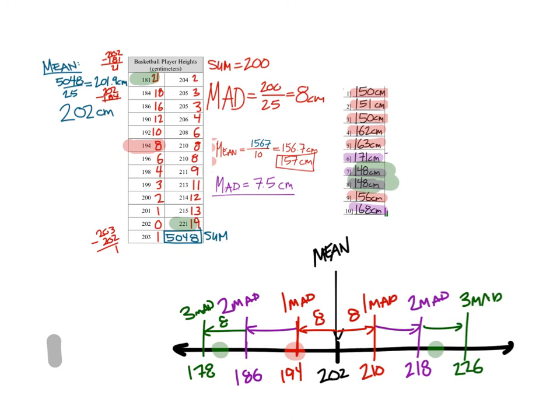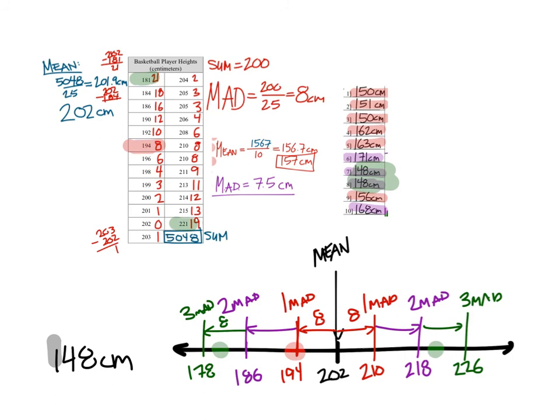We got 148 centimeters. And you'll be asked to do this not only on the homework but the test. We want to be able to figure out exactly, to the tenth, how many mean absolute deviations 148 is away from the basketball players' mean.